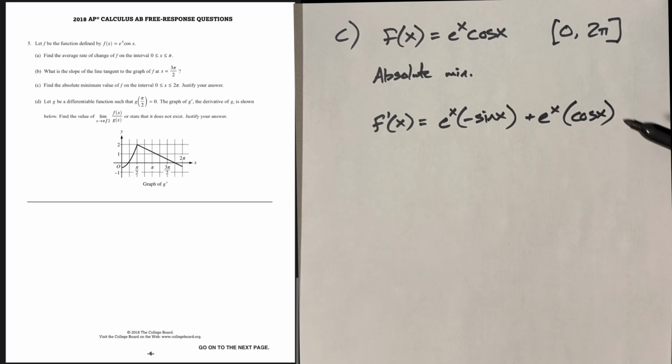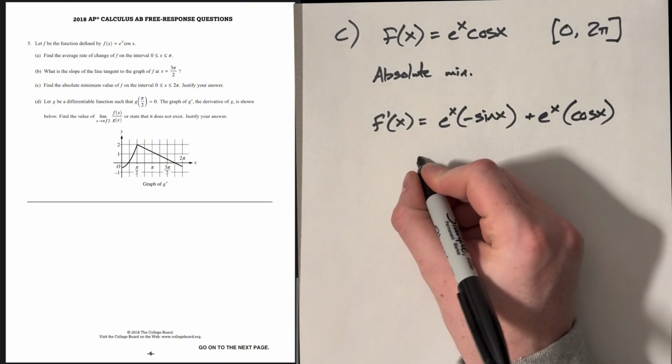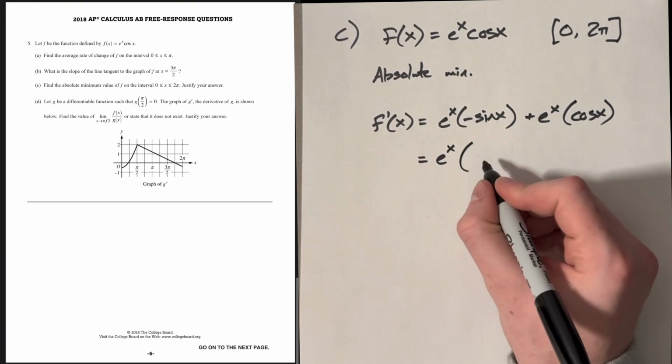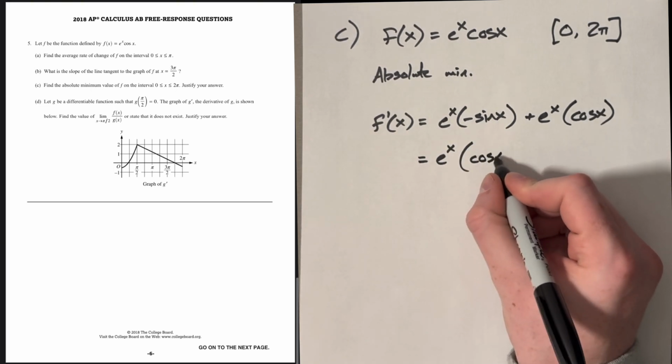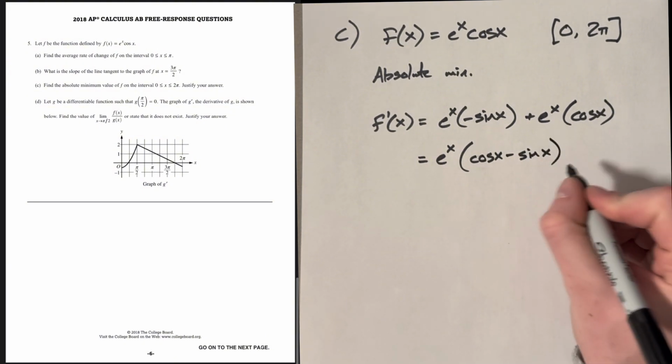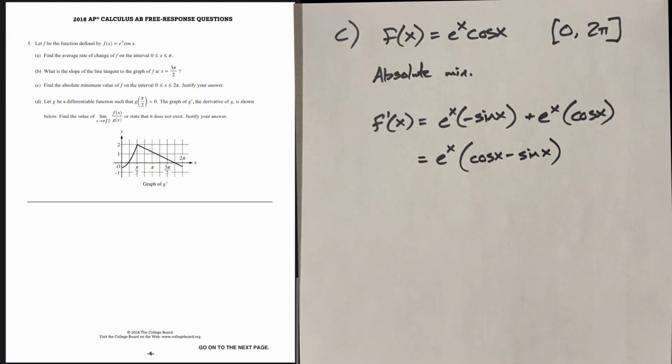And we are trying to see where this function is 0 or undefined. Now, these two terms are kind of separated right now. To combine them, I might factor out an e to the x, and that would leave me with cosine of x minus the sine of x.